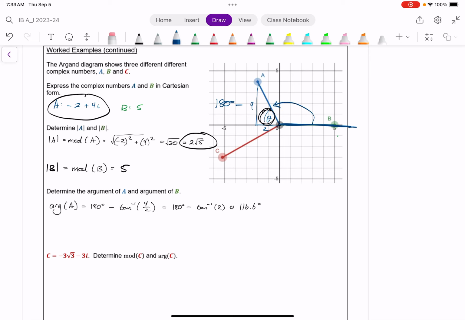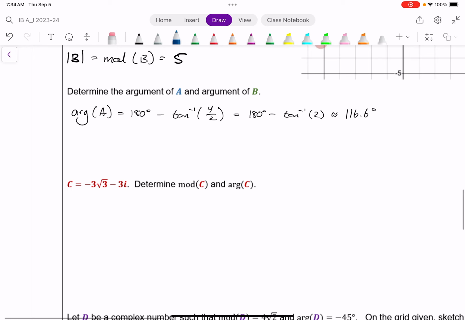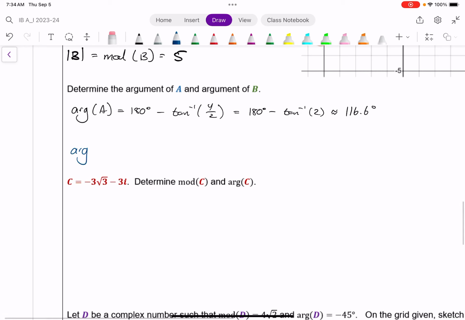And we always keep the angle either from here to here, so between 0 and 180 if it's in the first 2 quadrants, or from here to here between -180 and 0 if our vector, our complex number, however you want to look at it, is in the 3rd and 4th quadrants. And so for the argument of B, since it is right on the x-axis, again, nice and pleasant, the argument of B is just 0. 0 degrees, 0 radians, whatever.